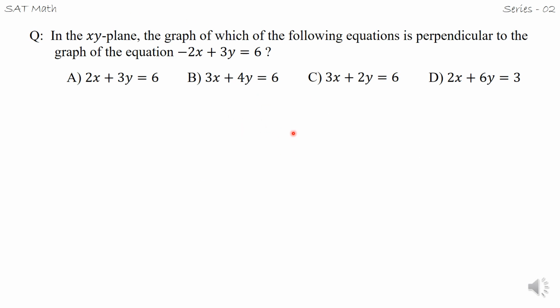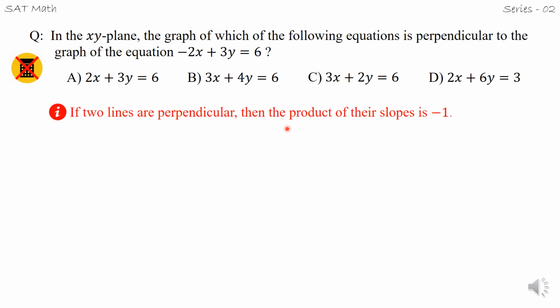Okay, from the following equations, which is perpendicular to the graph of the given equation? We know that if two lines are perpendicular, then the product of their slopes is -1.